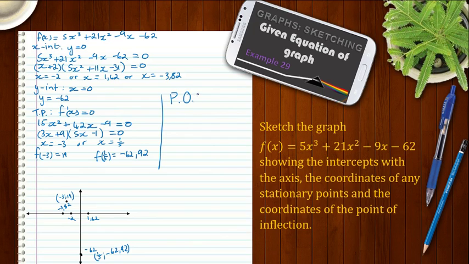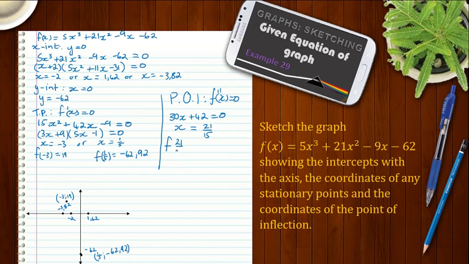So the point of inflection, we know we need to find the second derivative and equal it to 0. So second derivative is then going to be 30x plus 42 equal to 0. So x is then going to be equal to 21 over 15 if I simplify that. And then to get the coordinates, I substituted into the original graph.